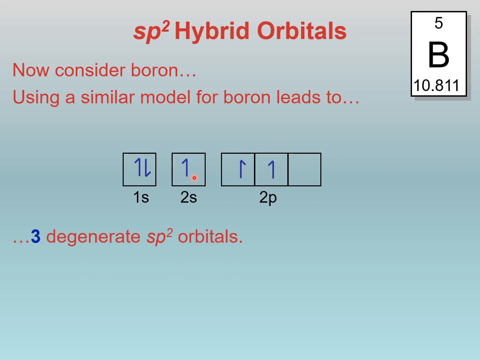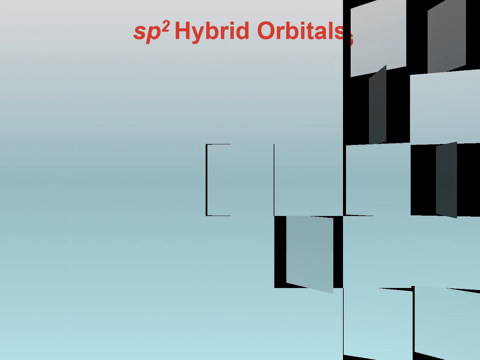If you look, you've got 1 that's an s and 2 that are p, so that's how they put the notation. They call it 3 degenerate: 1 is an s and 2 of them are p's. So we've got an sp2, and that's what you need to know.